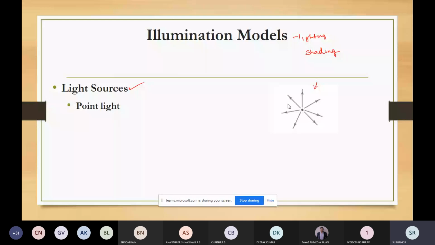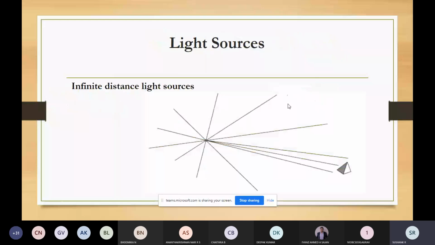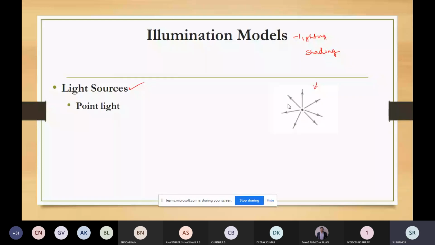So light sources are categorized into two parts. One is the point light, and the second one is infinite distance light sources. So first we will be talking about the point light. The image corresponding to the point light is shown on the right hand side.